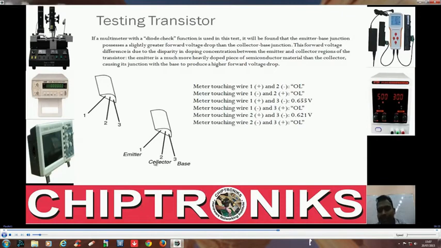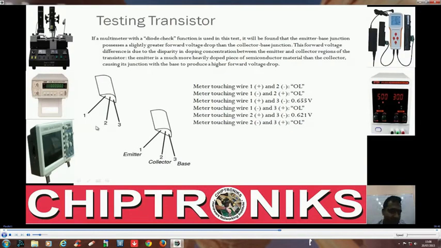All right, so the emitter-base junction potential is always higher than the collector-base junction potential for any kind of transistor. So we will use this phenomenon to identify the terminals and to check the transistor.